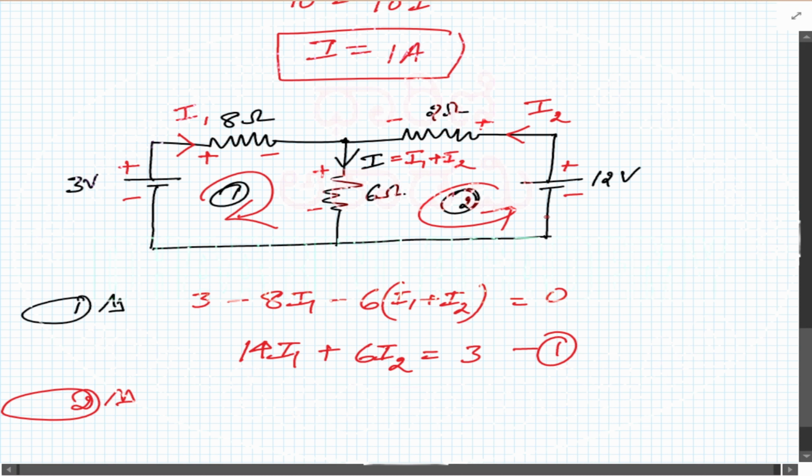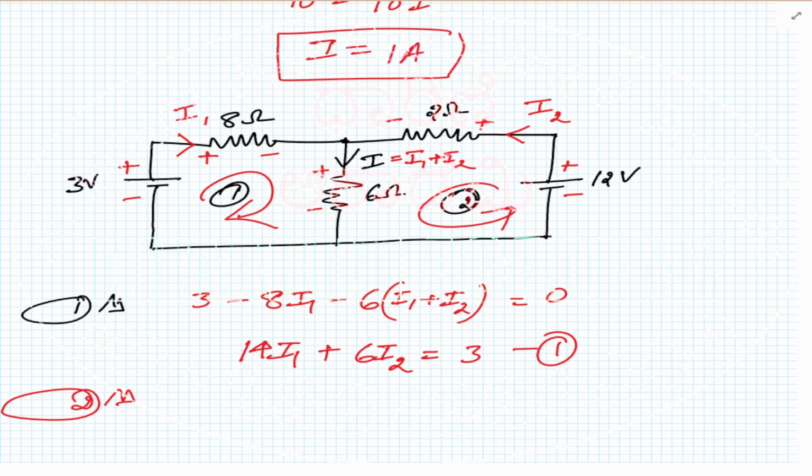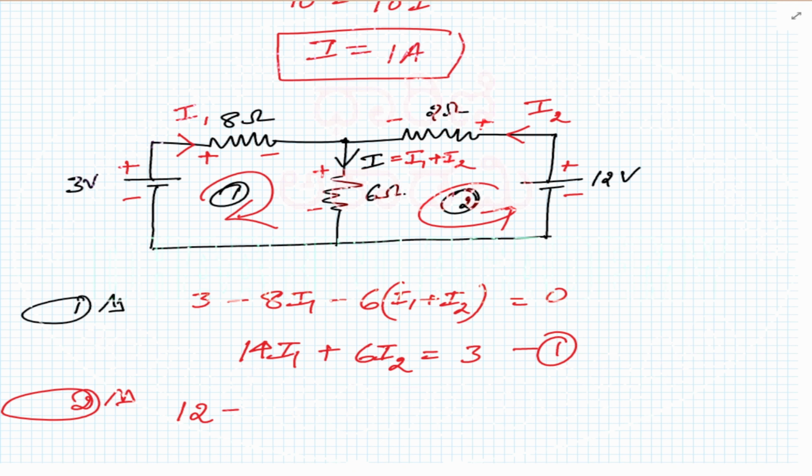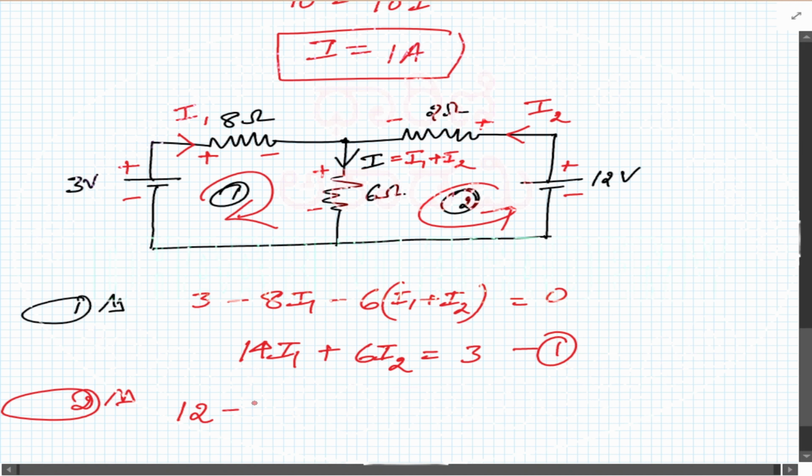So when I move anti-clockwise through a battery, I am moving from minus to plus. So minus to plus is plus. So this is plus 12 volts. Then I have plus to minus, which is minus. See, 2 into I2, and it is negative because I am going to get plus first, then minus voltage. Since the voltage is decreasing over there, it is minus 2 times I2.